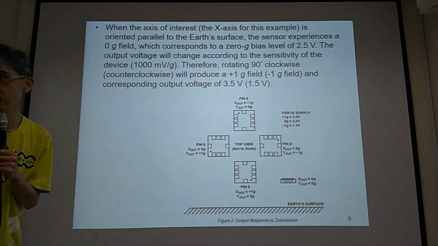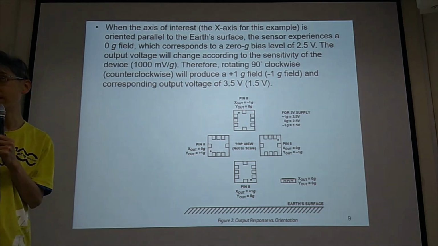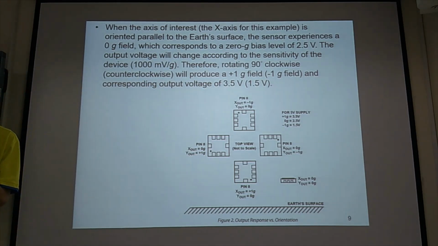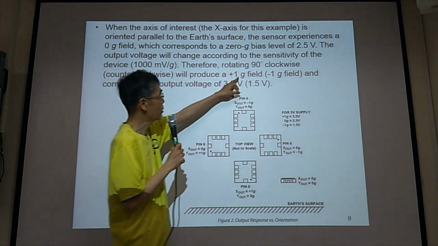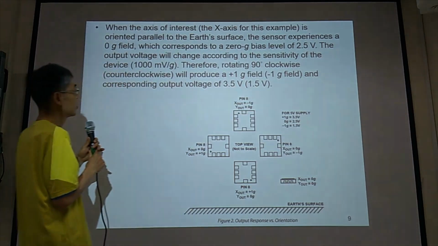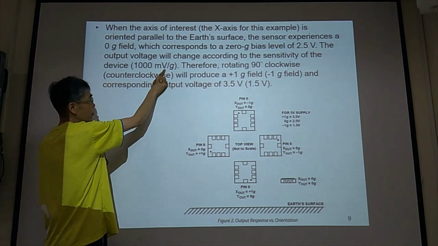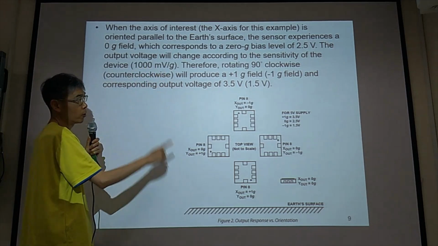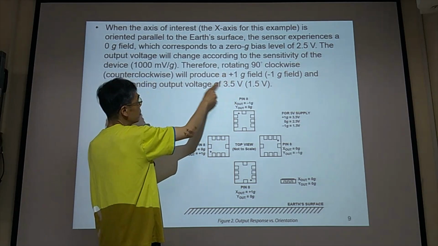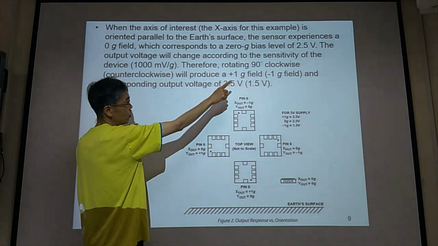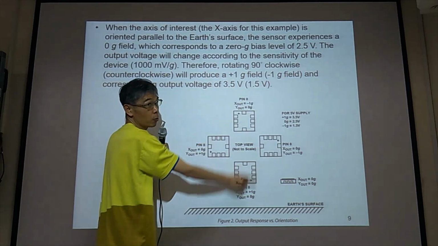So, okay, in this case, you can calculate if 0G is 2.5 volt output, then in a 1G field, see 1G we have 1000 millivolt. 1000 millivolt is 1 volt. So plus 1G we have 2.5 volt plus 1 volt. So total is 3.5 volt output.